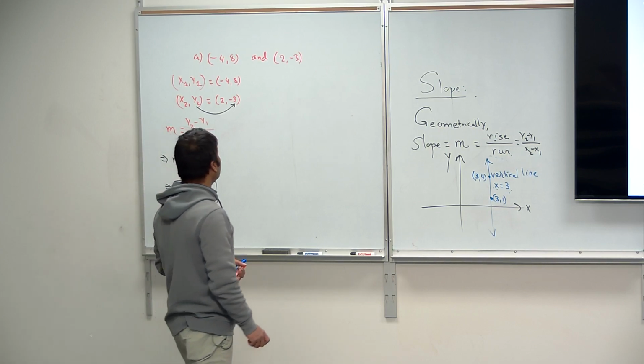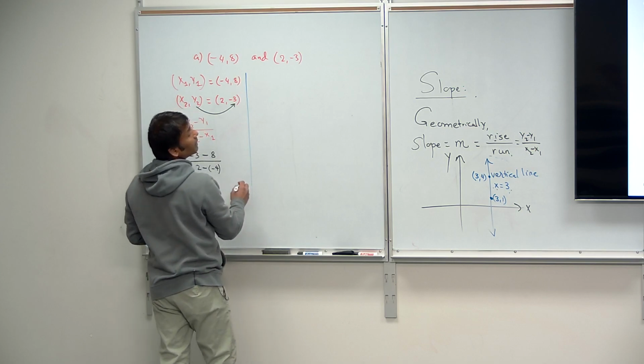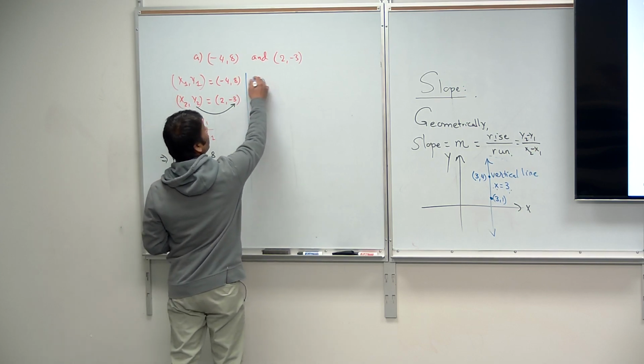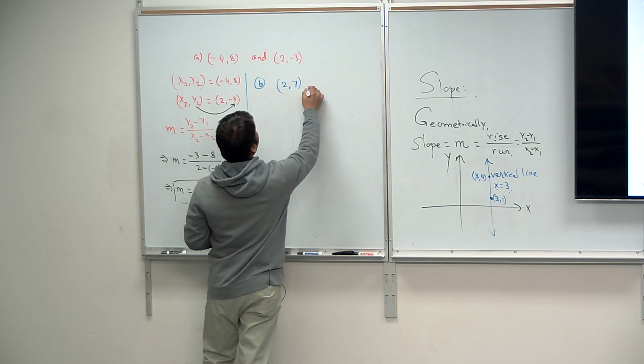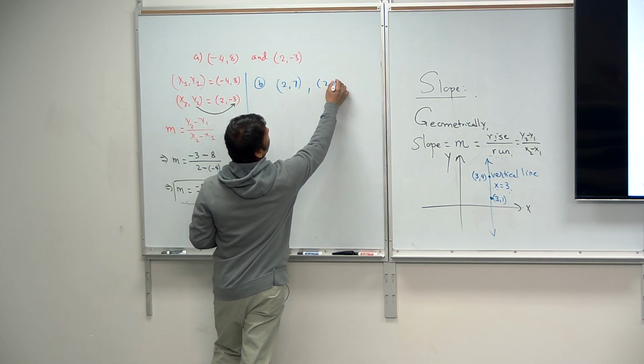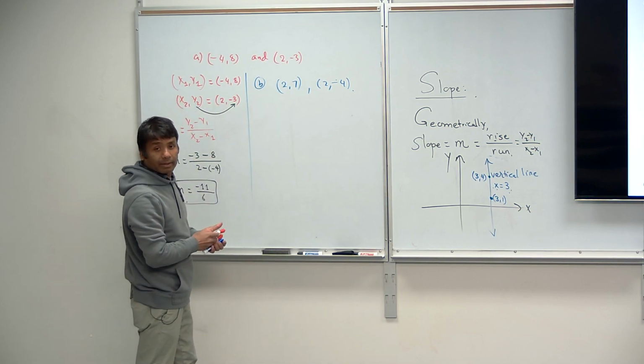Now for this one, what do you think? You have (2, 7) and (2, -4). That would be undefined, wouldn't it? Why is it undefined? Because x2 and x1 are both 2, so 2 minus 2 would be 0, and you'd be dividing by 0. Exactly, you are absolutely right.